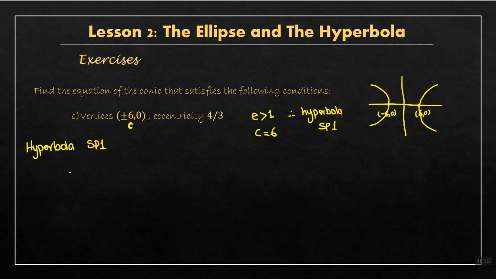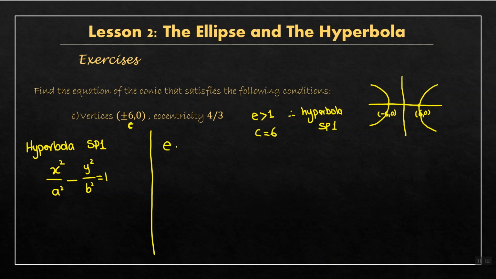So the equation would be like this: x squared over a squared minus y squared over b squared equals 1. Now we don't have a squared, we don't have b squared. The only thing we have is c, and we have the eccentricity. How can we use the eccentricity to find the value of a and b? Let me show you how.